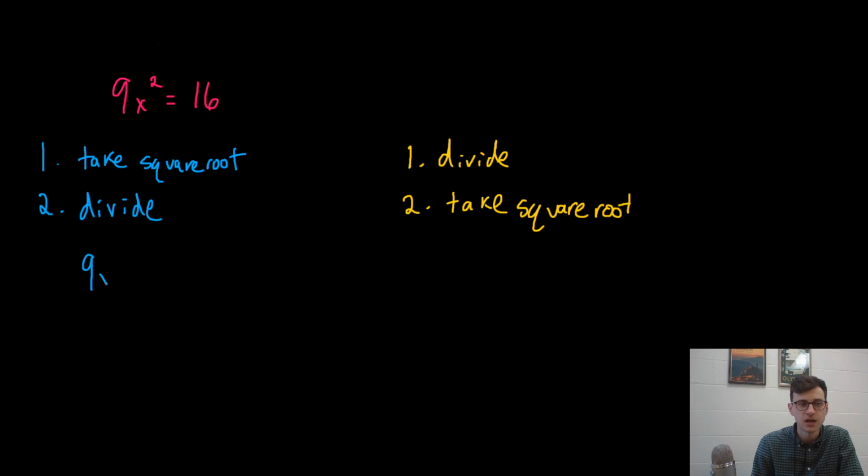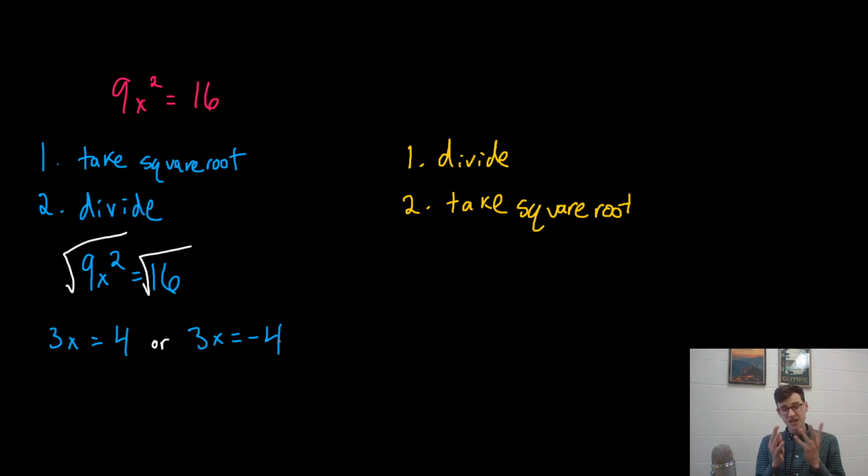So we have 9x squared equals 16. The square root of both sides gives me, and here's where we have to be really careful, it gives me two equations. 3x, right, because that's the square root of 9x squared. Square root of 9 is 3, square root of x squared is x, equals positive 4, but 3x also equals negative 4, right?